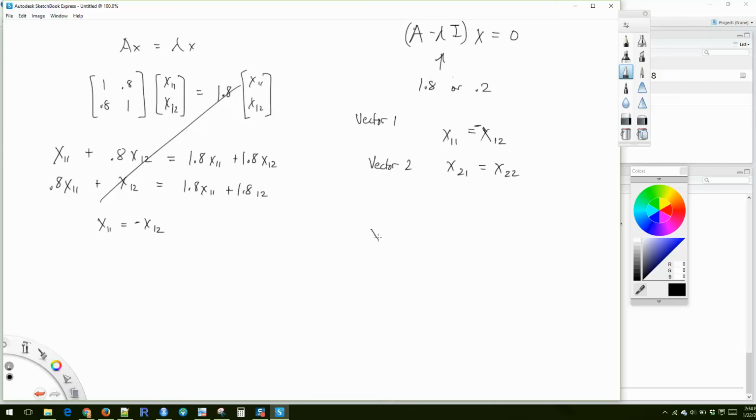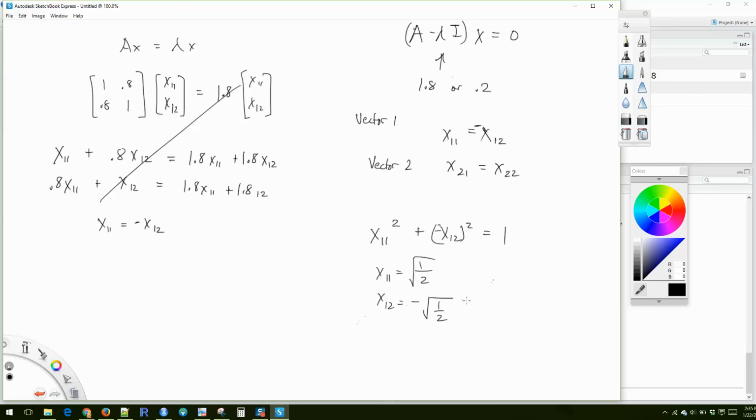So you would have x11 squared plus x12 squared add up to 1. Then x11 is the square root of 1/2, and x12 is negative square root of 1/2.